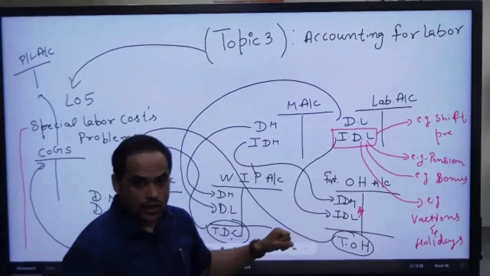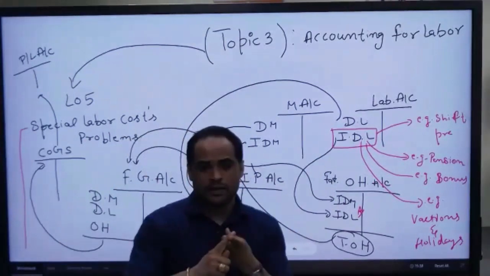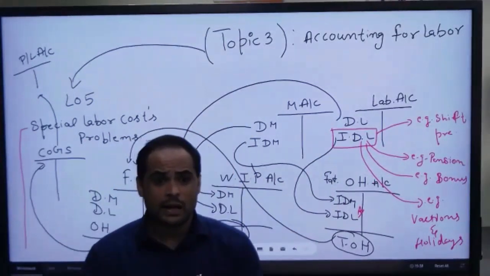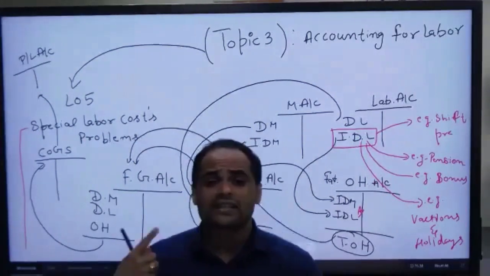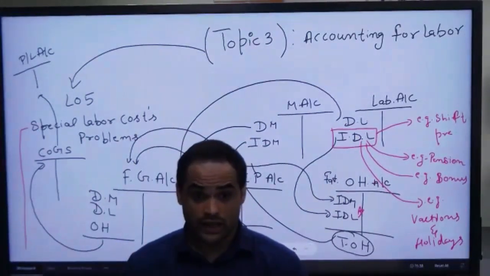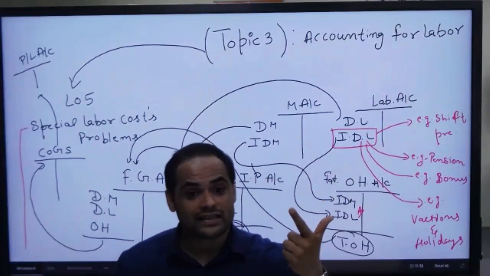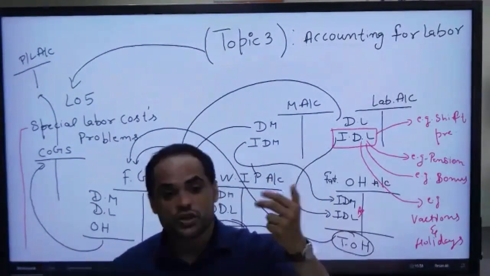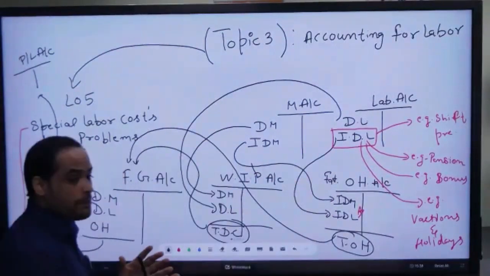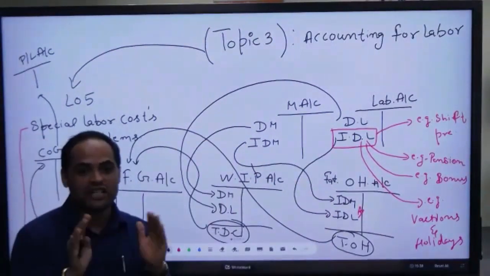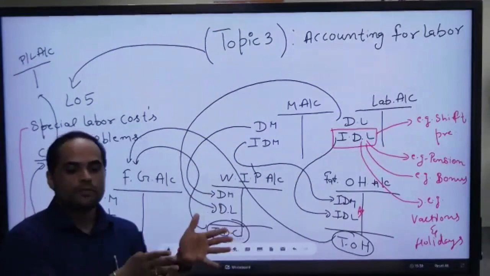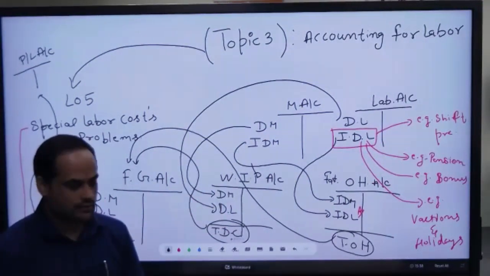But besides indirect material or indirect labor, we have some other kinds of overheads, such as depreciation, rent, and insurance. So we can prepare some other kinds of T accounts which belong to factory overheads.